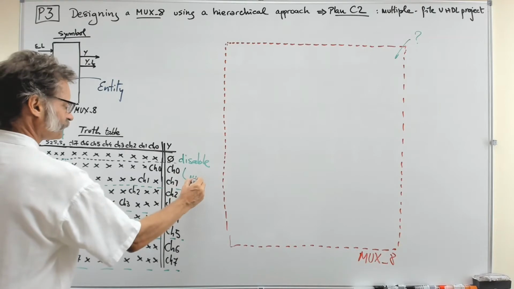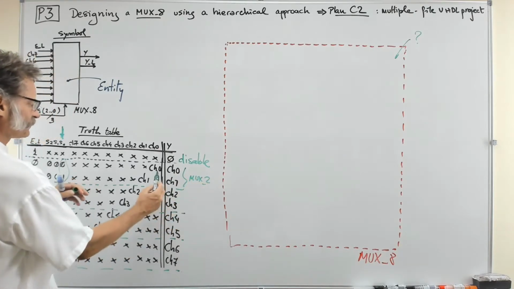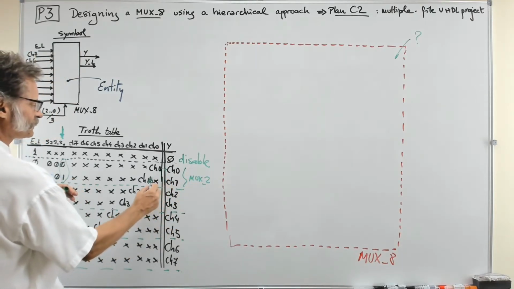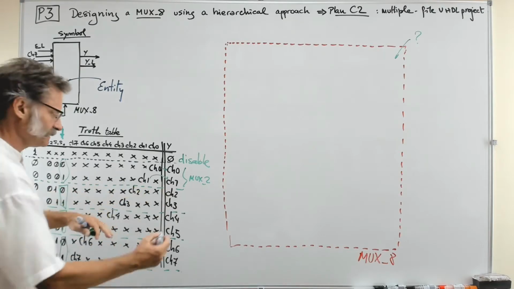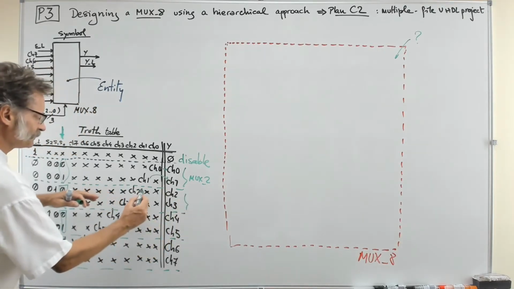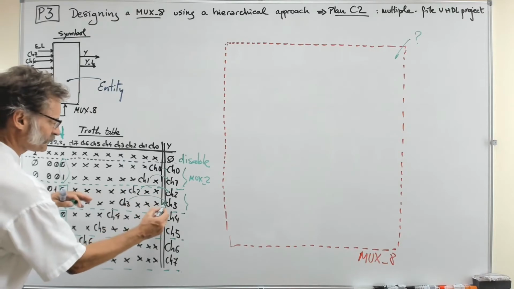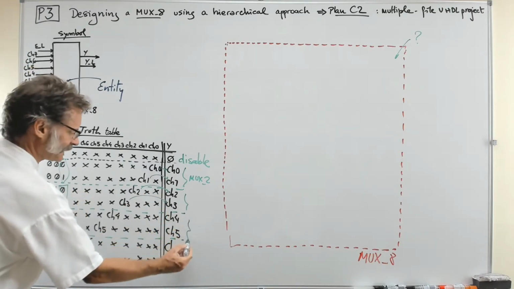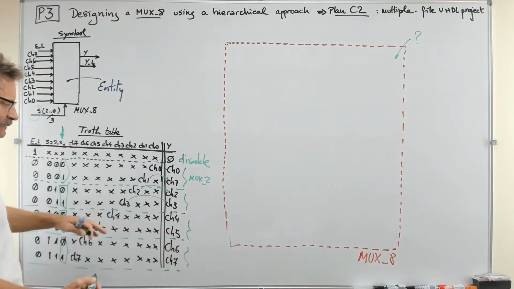Because you take the channel 0, or instead you take the channel 1, but this idea is repeated down there. You copy the channel 2 or you copy the channel 3, and again and again.